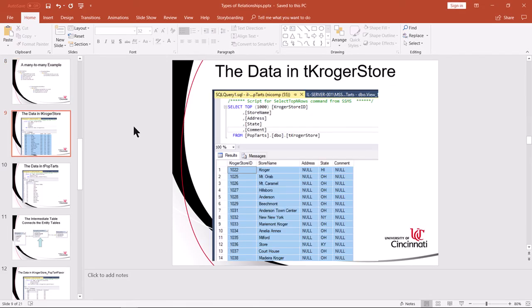And in the next slide, we see that I provided the data for the Kroger store table, and you can verify that there are numerous stores in here. Each one has its own unique Kroger store ID, its own unique primary key. But keep in mind that doesn't tell us anything about what Pop-Tart flavors are sold in those stores. This is only store information, not Pop-Tart flavors information.